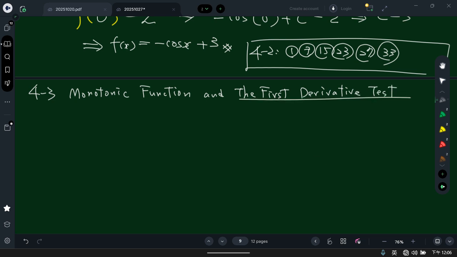Okay, so let's just go for the monotonic function first. So what is a monotonic function? There are two types of monotonic function. One is increasing, one is decreasing. These two types.